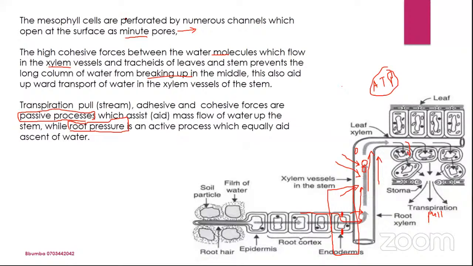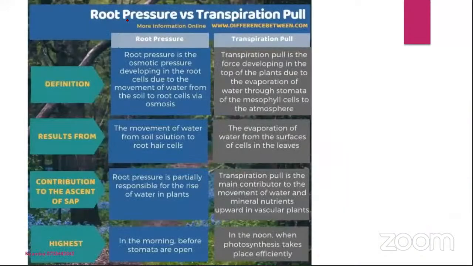Now, in summary, root pressure versus the transpirational pull. Root pressure is the osmotic pressure developing in the root cells due to the movement of water from the soil to the root cells via osmosis. But with the transpirational pull, you are having the force developing at the top of the plant, that is at the leaf surface, due to evaporation of water.